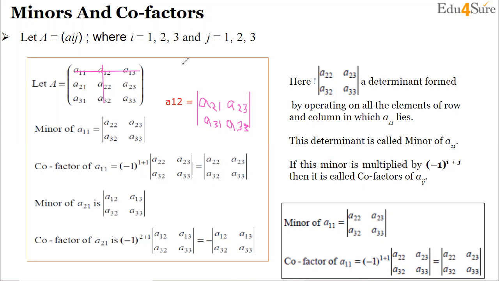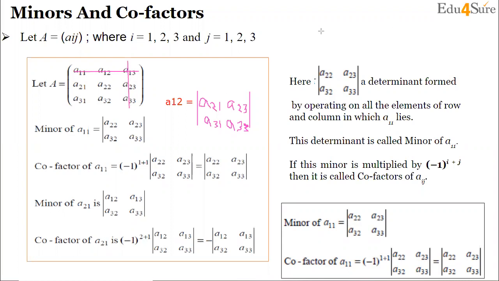Similarly, if I want to find it for A13, how are you going to do that? Again, you will hide the row and column where this A13 is occurring. A13 is occurring on the first row and third column. So what will be the minor?